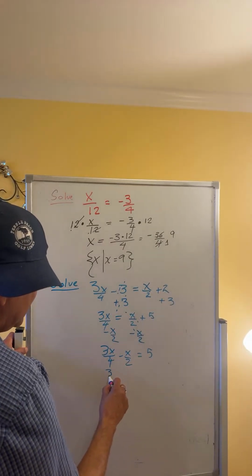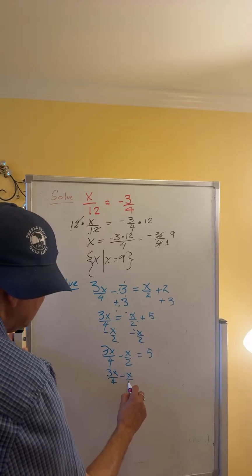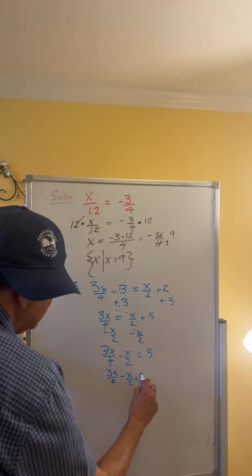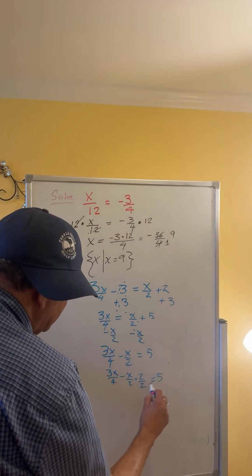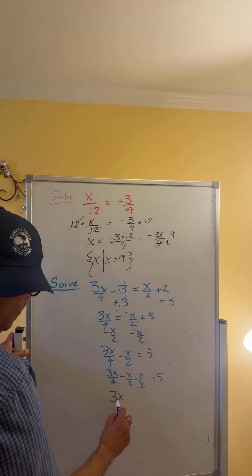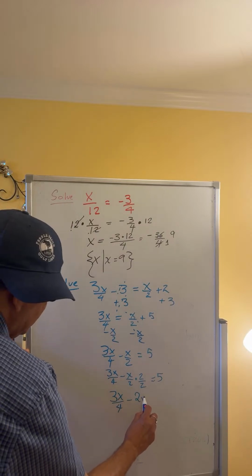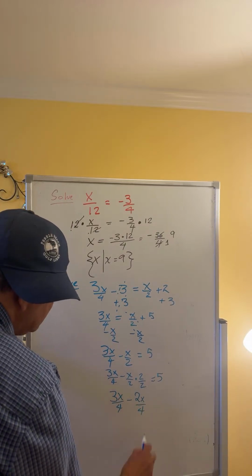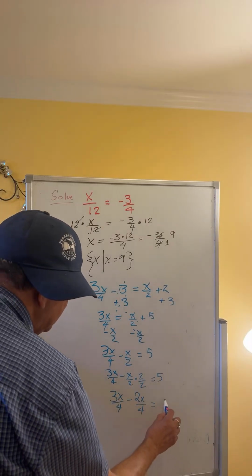So we write 3x by 4 minus x over 2 multiplied by 2 in the numerator, 2 in the denominator equal to 5. So what do we get? We get 3x by 4 minus 2x by 4. 2 times 2 is 4 in the denominator, 2 times x is 2x in the numerator.